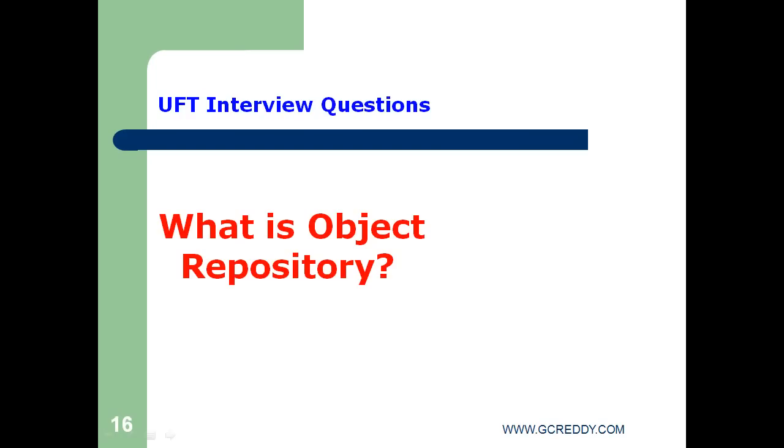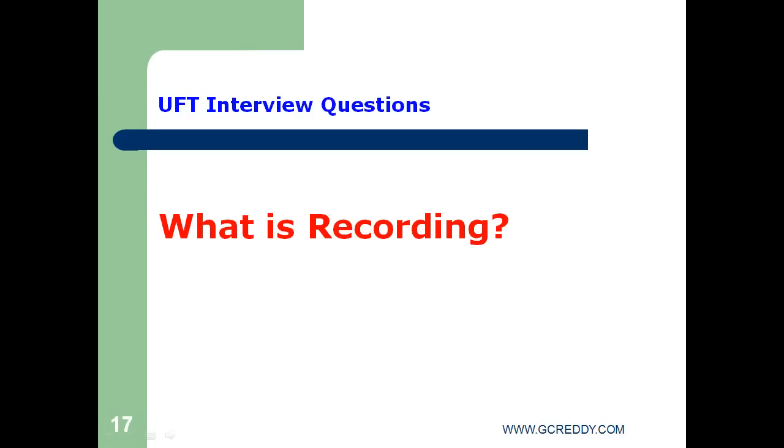Next, what is an object repository? It is a storage place for storing test objects information. What is recording? It is a process of generating steps for every user operation on the AUT, AUT stands for application under test, and simultaneously storing objects information into the object repository.